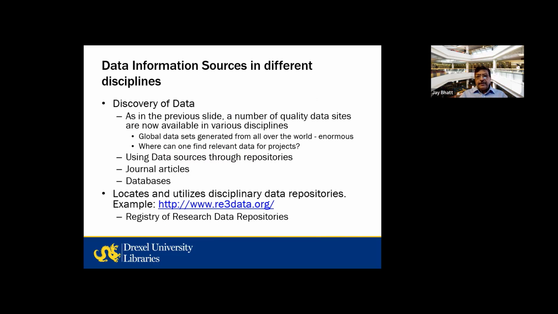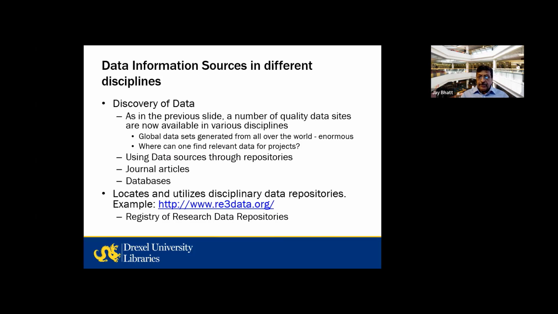And it's not just engineering or environmental science or physics and biology, but there are a number of other disciplines where discovering data is important, like in economics, financial data, social and economics data. So we'll try to cover some of that as well. Global data sets are generated from all over the world, enormous.